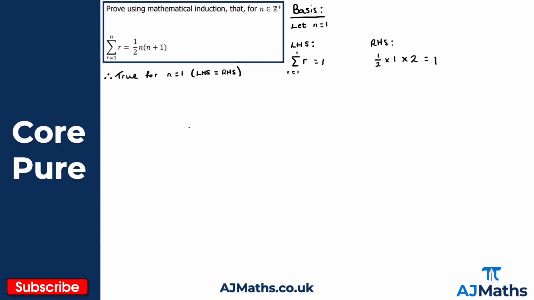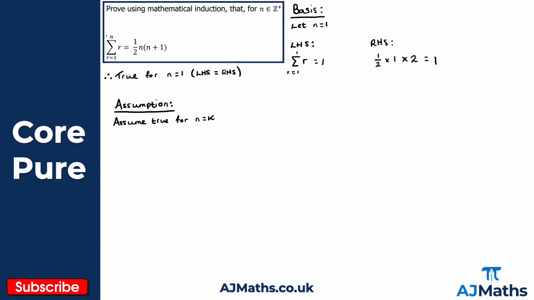So now moving on to step 2 here, which is my assumption step. Let's write this out in full. So for the assumption here, what we're going to do now is assume this is true for n equals k. So assume true for n equals k. So if this is true for n equals k, what would we get here?